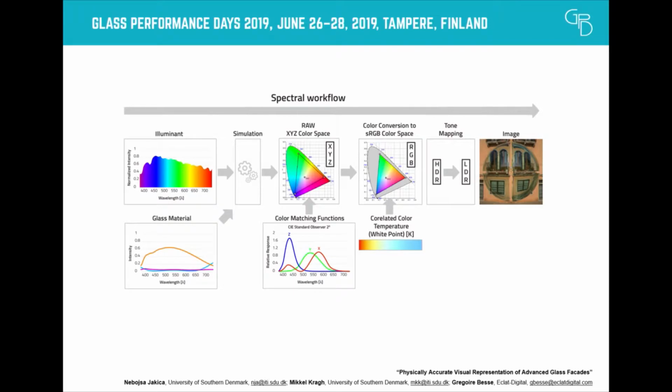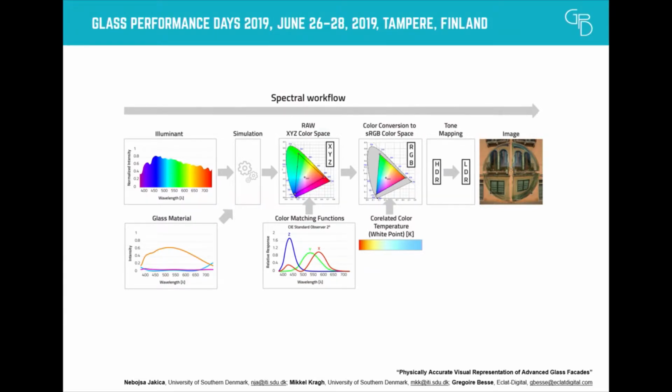There is a big difference between these simulations, and I would like you to remember the position of simulation here, because within the spectral workflow, what you need to define is the source illuminant with all the spectral distribution, and then glass materials with the glass spectra, and then the simulation is done directly on the full spectra of both illuminant and glass material.